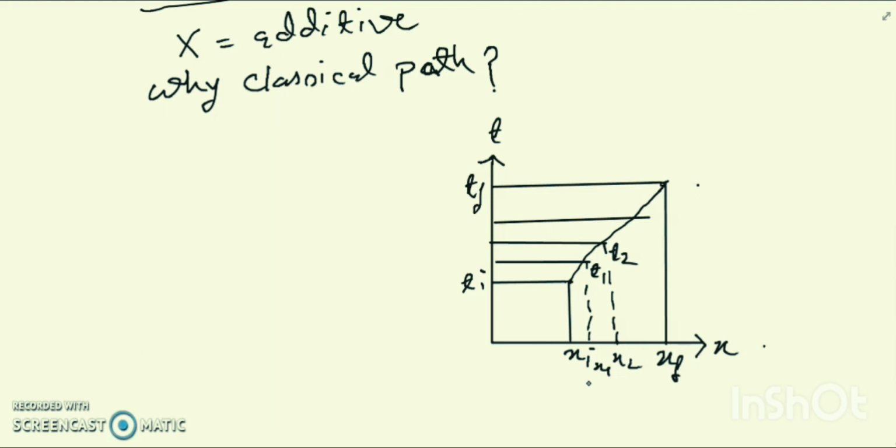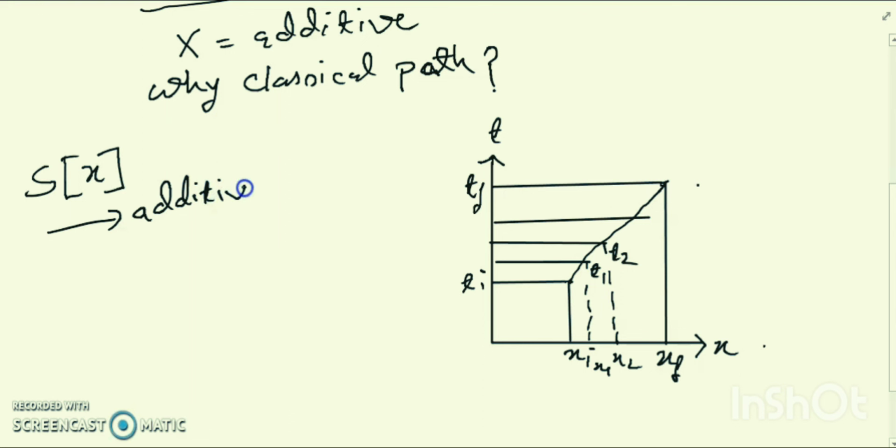Okay, now we discuss additivity along the path. What is the meaning of Sx? Sx is additive along the path.